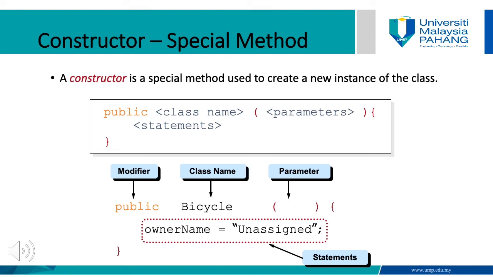You define the modifier, for example here the modifier is public, and then you define the class name, which here is bicycle, and then you define the parameter in the brackets, and then inside the curly brackets you include the statement, and the statement here is owner name equal to unassigned.